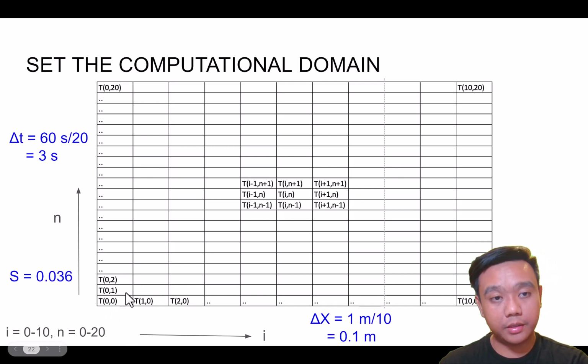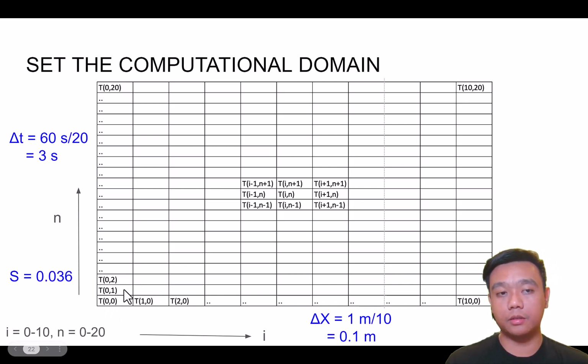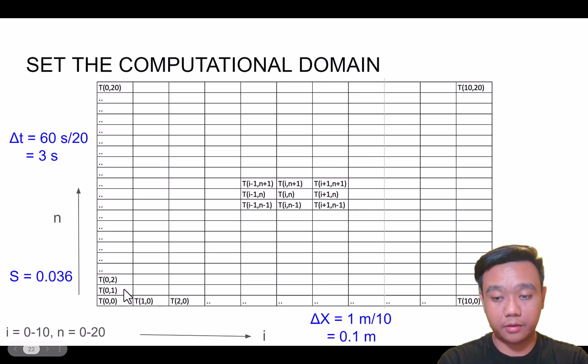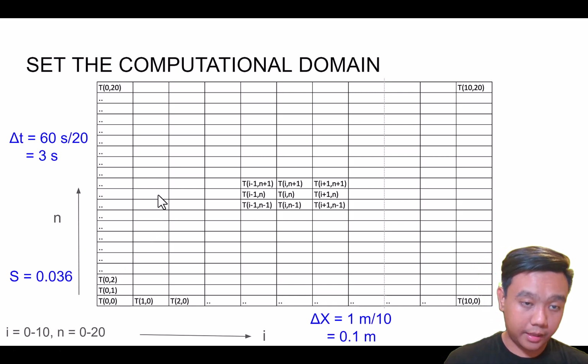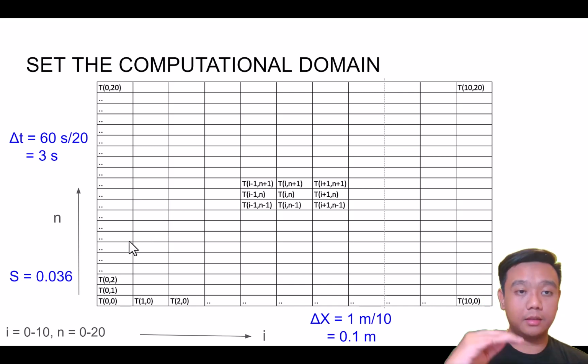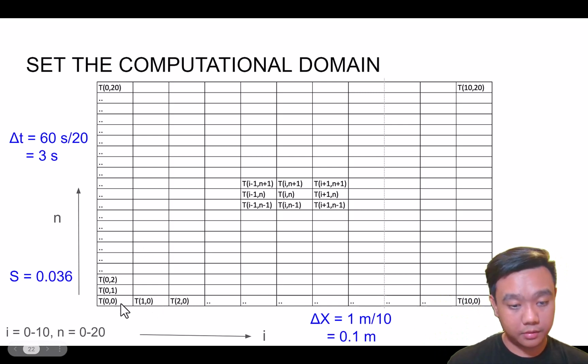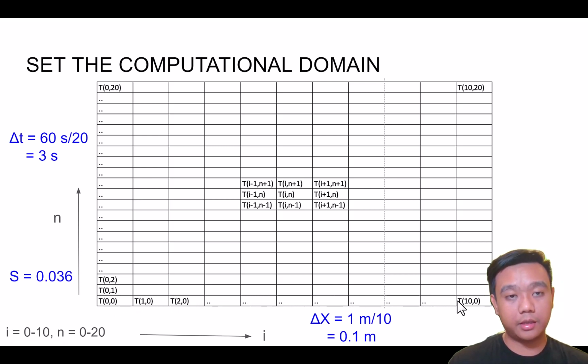For example, we will solve this by using Excel, because it is a very simple problem. You can do it by yourself. And I will divide the x direction into 10 or 11, because we also have 0 here. 0 to 10 is 11 points or 11 nodes.